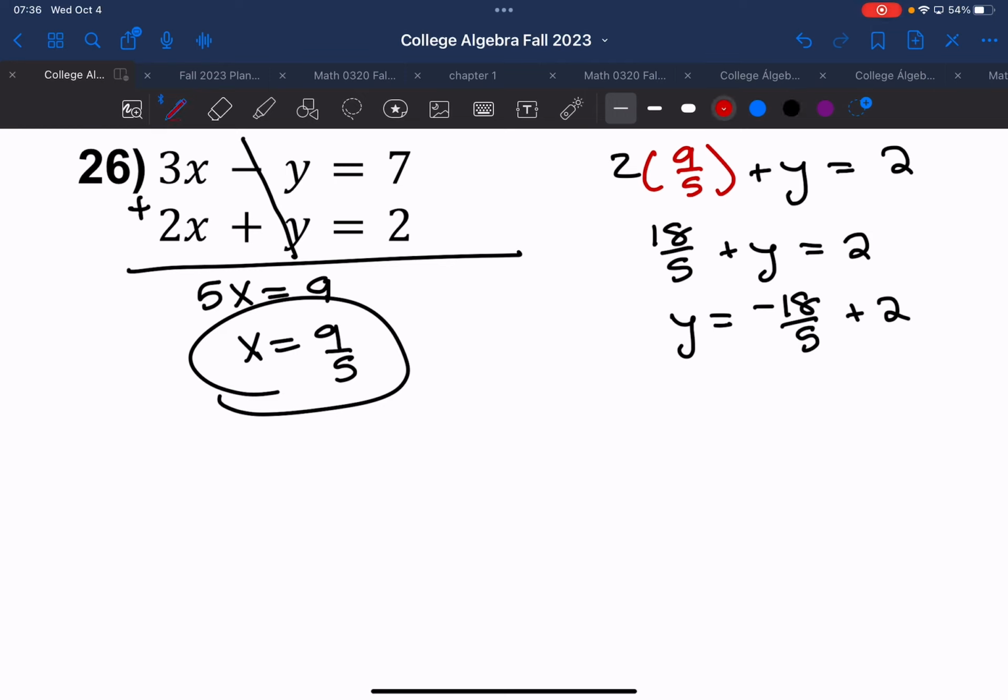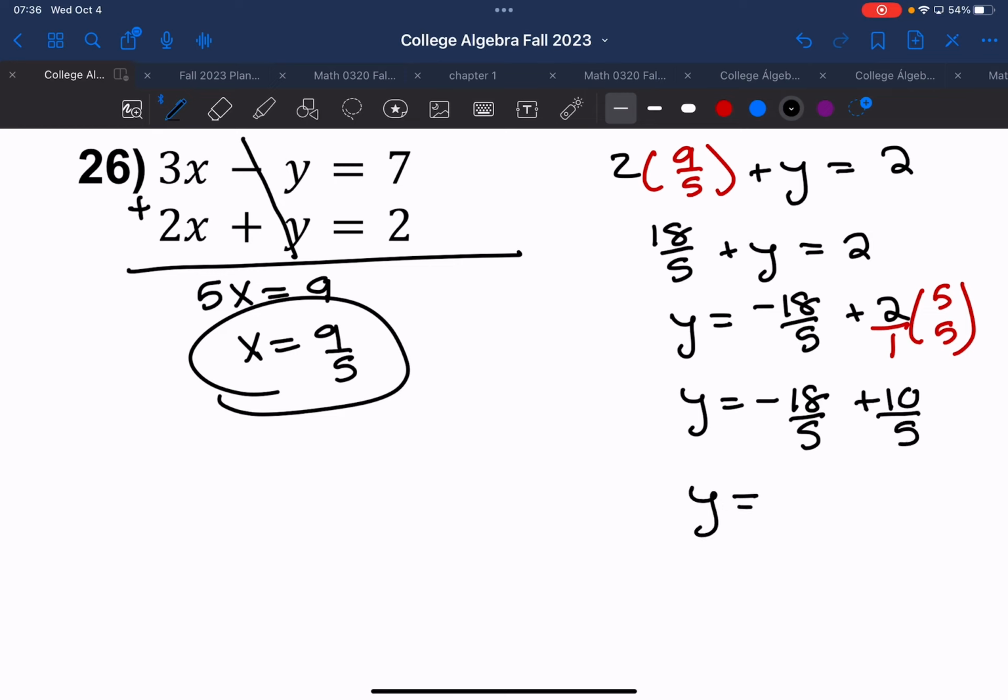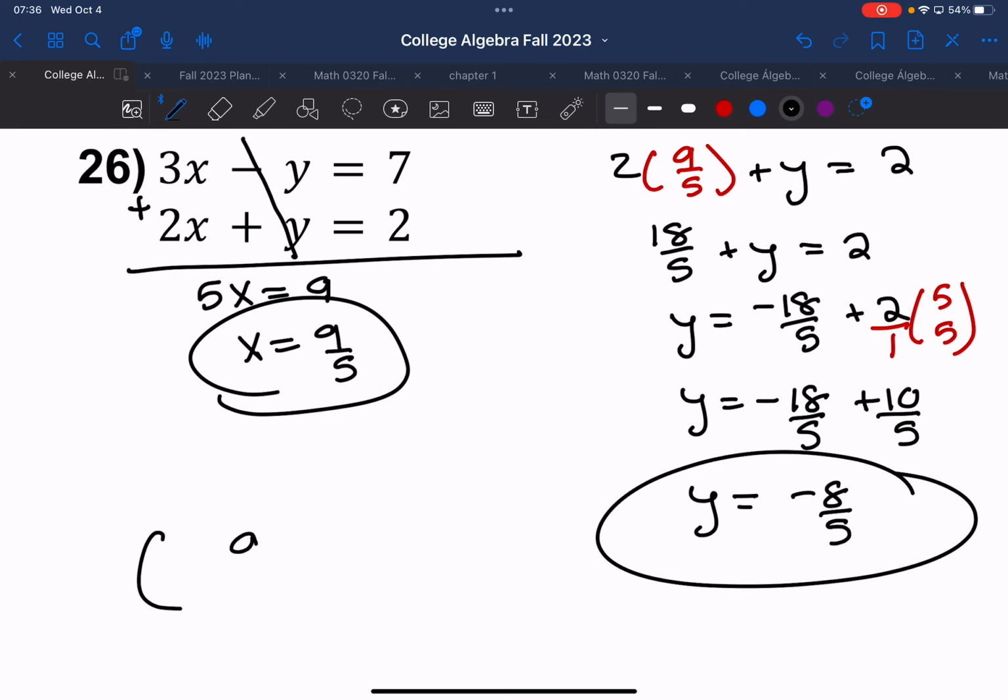I would have to get a common denominator of 5. So I get y is equal to negative 18/5 plus 10/5. Which gives me y is equal to negative 8/5. So I have the point 9/5, comma negative 8/5.